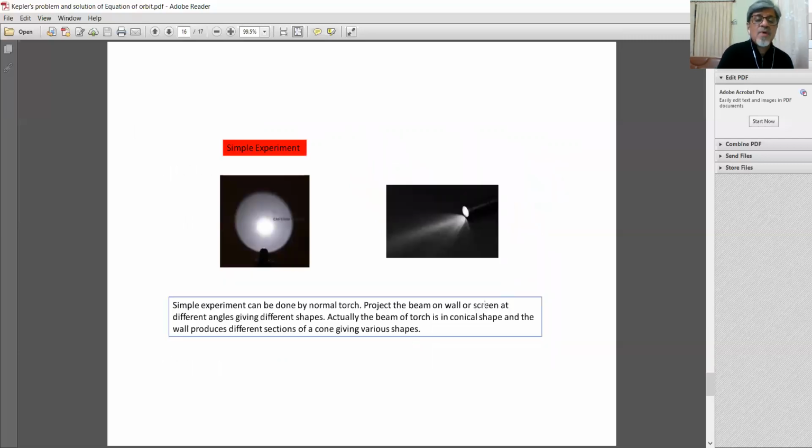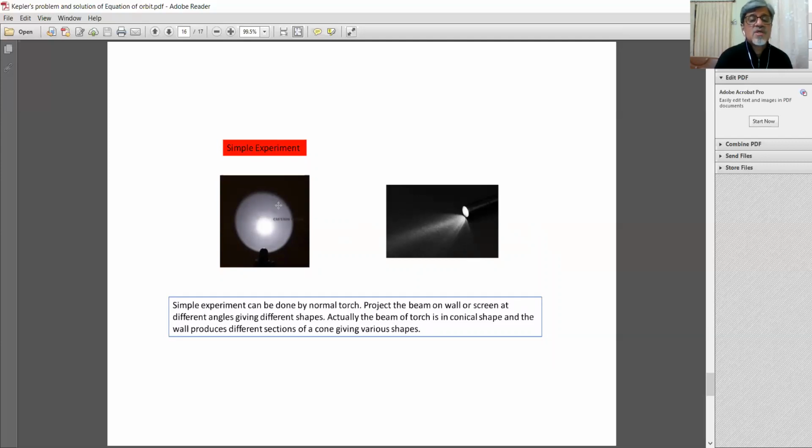Now, a simple experiment can be done at your home. These different types of orbits can be achieved by a simple torch. Shine the torch vertically on the wall. You will have a circular impression, a circular part illuminated on the wall. That is shown over here.